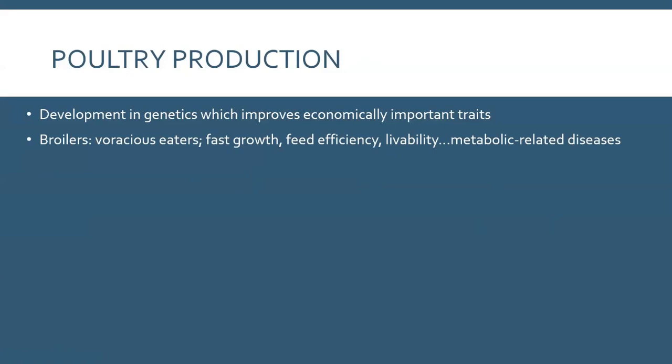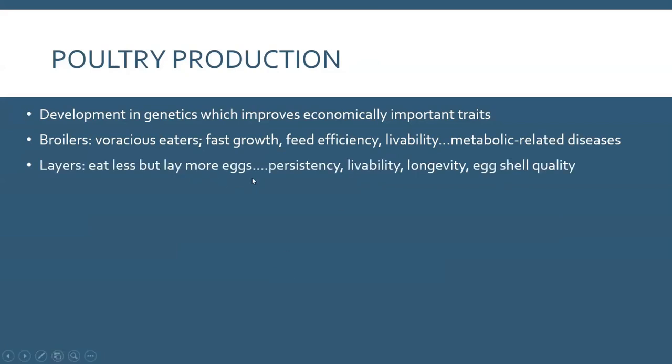So the problem with, let's say, fast growth rate, there would be a lot of challenges, especially on metabolic related diseases. And then for layers, we want them to lay more eggs, but they should be eating less to have this low or efficient feed conversion.